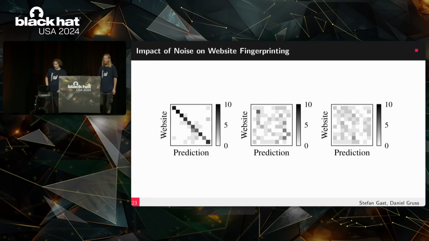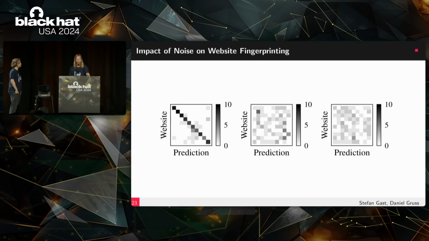So, yeah, then of course we had to evaluate also the noise. So what we see here is, again, website fingerprinting. And the picture right at the left, this is what happens without any additional noise. And on that connection, we got an accuracy of about 77%.